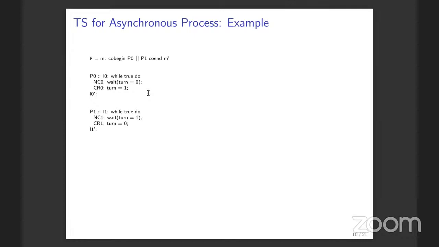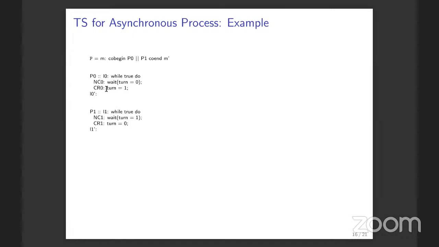Do we change turn equal to 1 after we exit the critical section or when we enter it? Here the critical section does not have anything meaningful at all. It has only one statement.